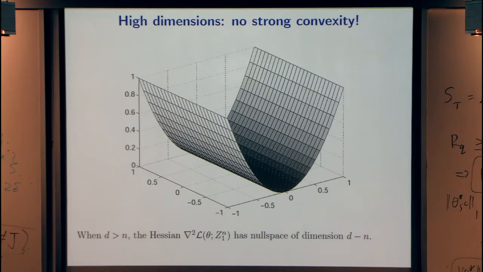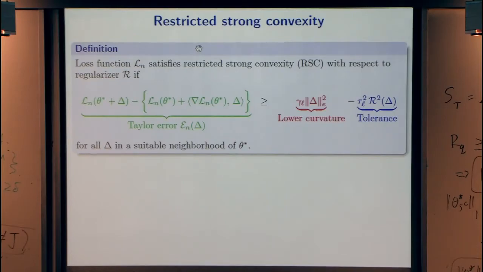But let me just formalize what we mean. Here's the generalization of restricted eigenvalues. The generalization, because it holds for any differentiable loss function, and you can talk about it for any regularizer. Okay, so what you say is you look at the error in the Taylor series expansion. If your function is convex, this is always non-negative. But what you want here is that it's lower bounded by a quadratic form.